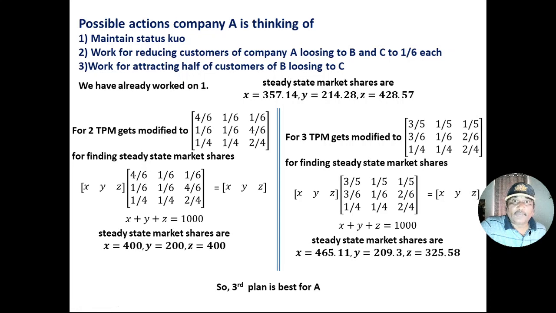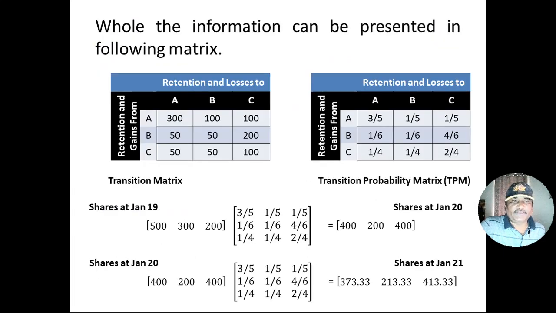Let us find out how many customers are losing from B to C. Customers losing from B to C are 4 by 6. From B to C, we are losing 4 by 6 customers. So we have to attract half of these customers which are losing from B to C.